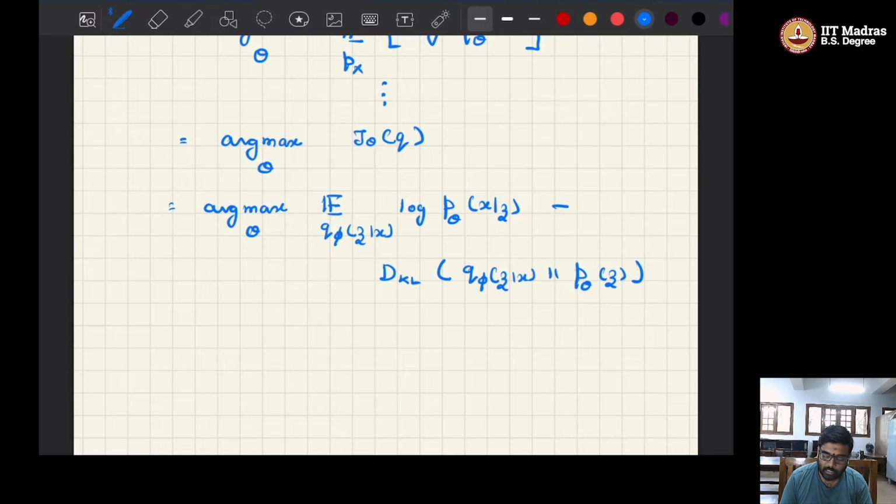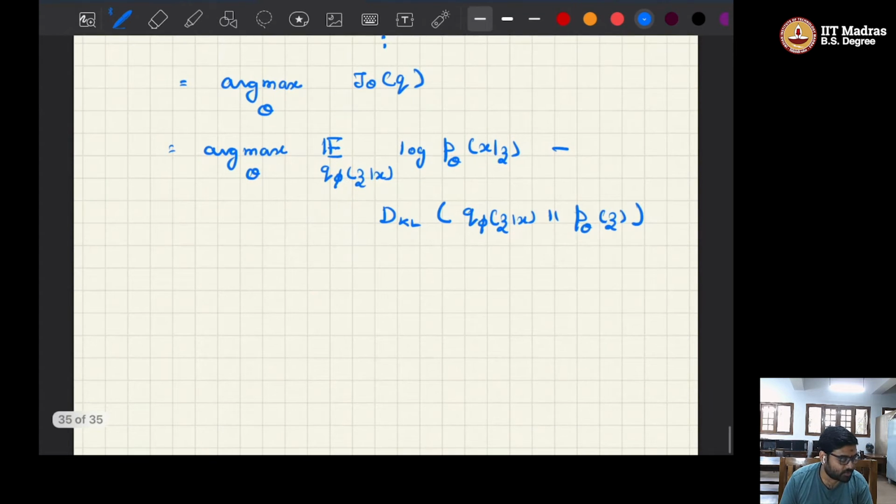This is the function which we need to optimize.